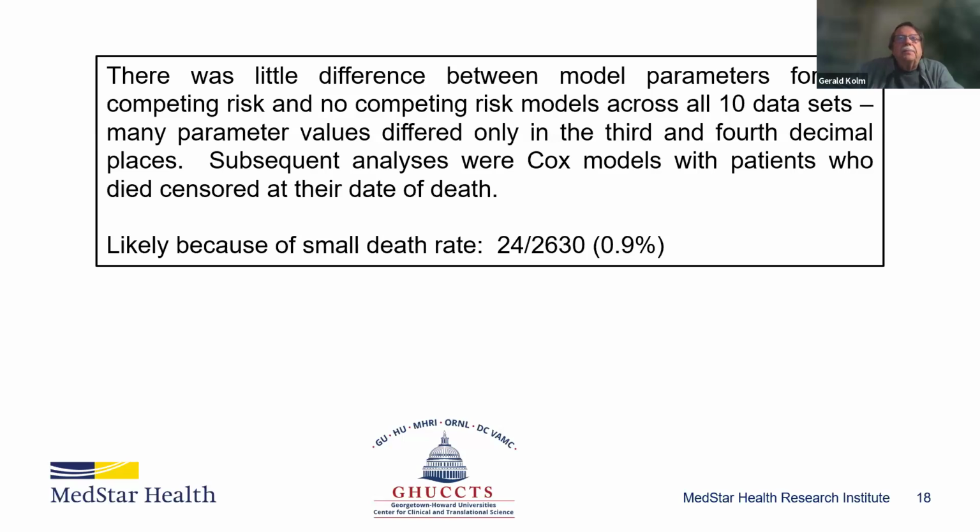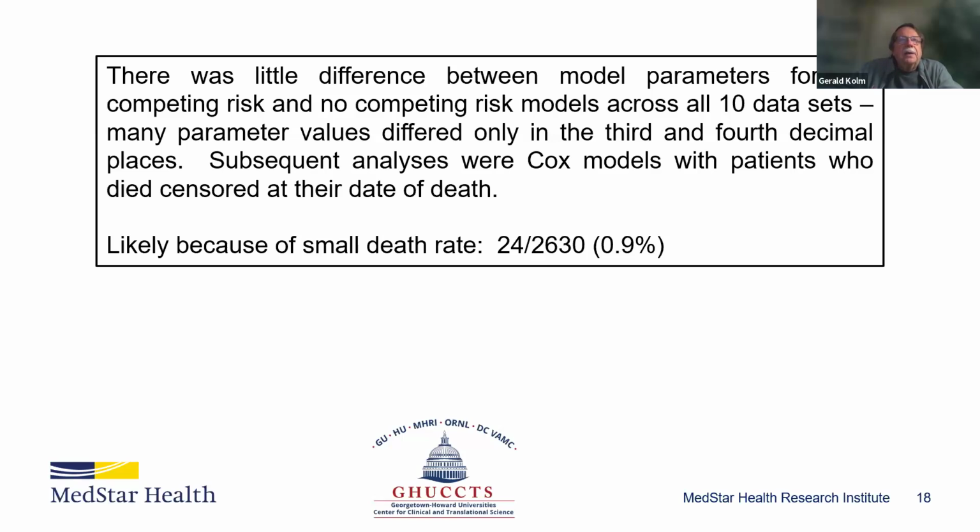So we did this comparison for all 10 data sets. And as you saw in the previous table, many of the parameter values differed only in the third and fourth decimal places.